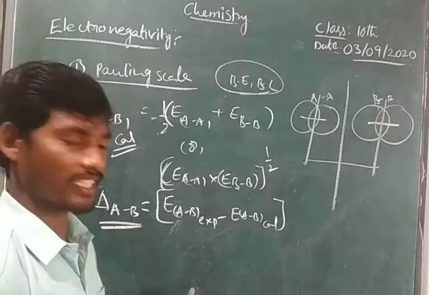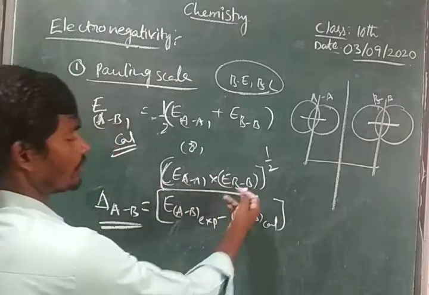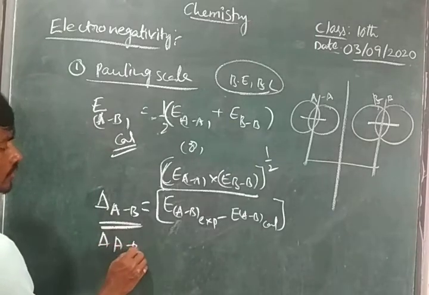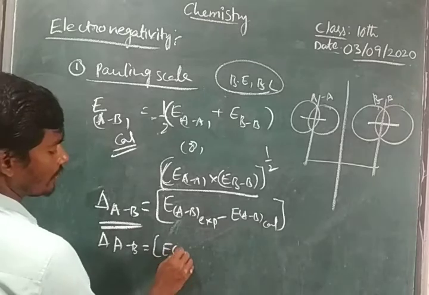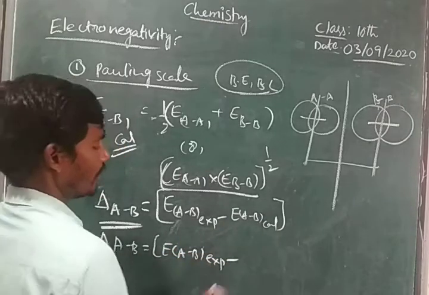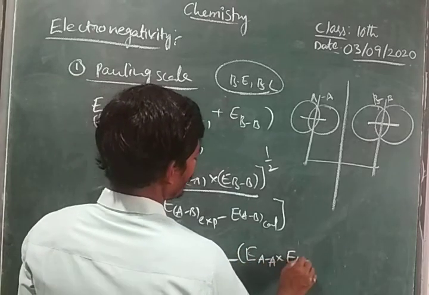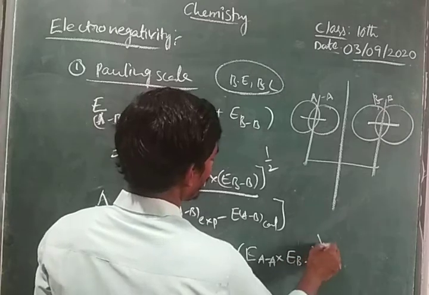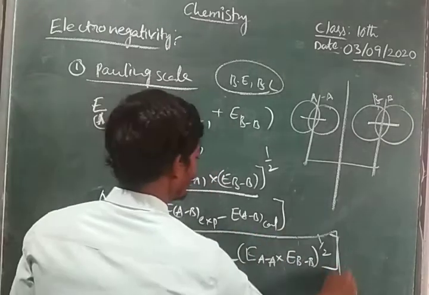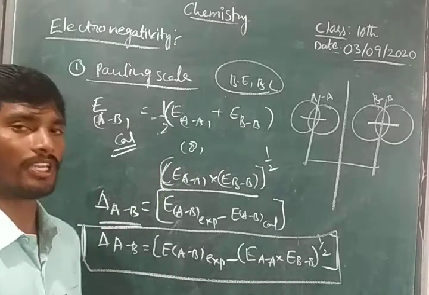We already know the calculated value, EAA into EBB to the power of 1 by 2. So delta AB equals EAB experimental value minus EAA into EBB to the power of 1 by 2. This we consider as the delta AB value.